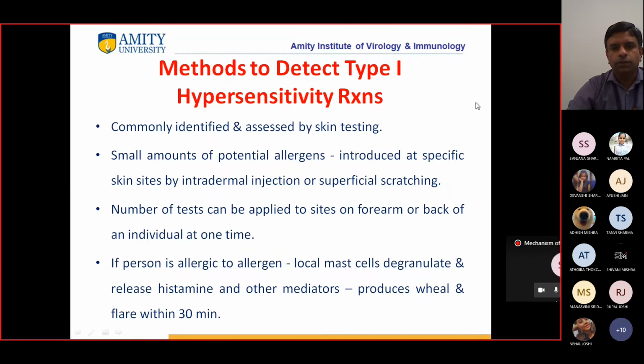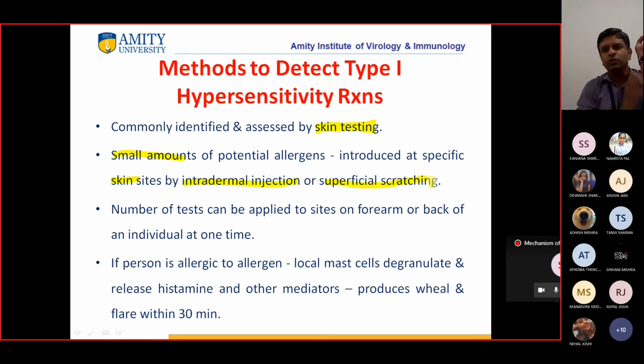If we talk about the detection, it is commonly identified and assessed by skin testing. It's a very simple test. What we do here is a small amount of potential allergen is taken and introduced at a specific skin site by intradermal injection, or just by superficial scratching.